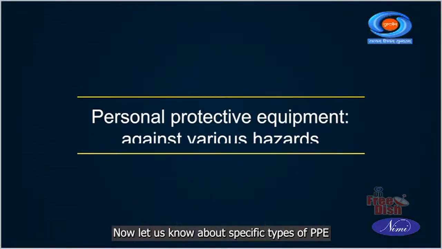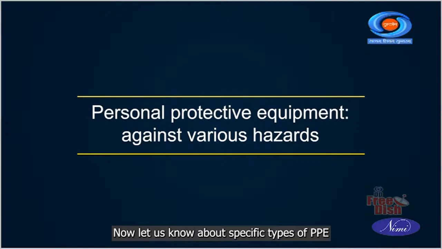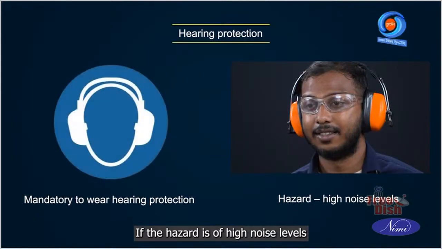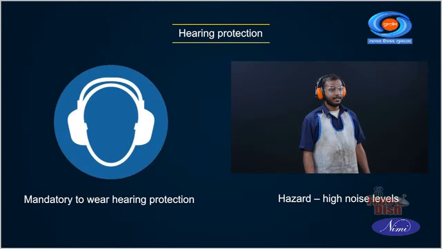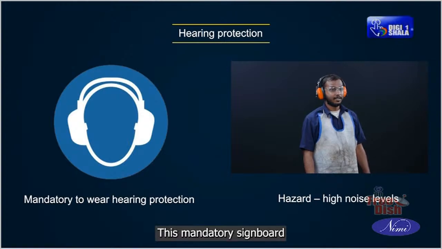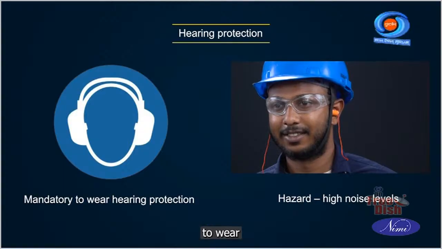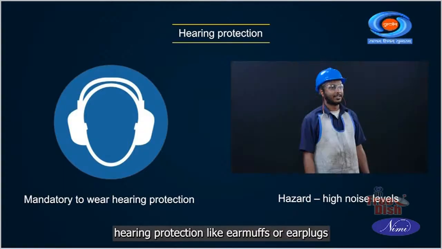Now let us know about specific types of PPE against various hazards. If the hazard is of high noise levels, this mandatory signboard compels the people working in that area to wear hearing protection like earmuffs or earplugs.